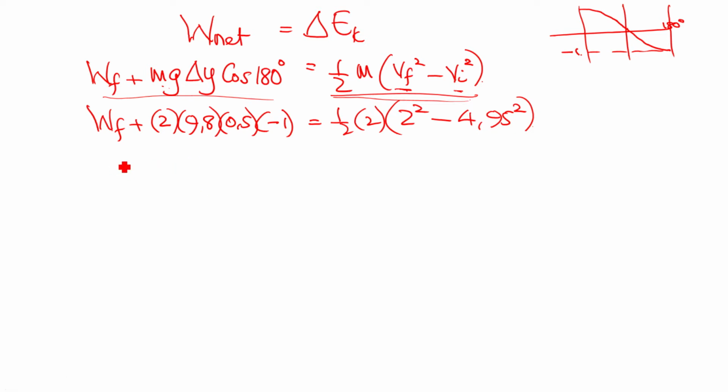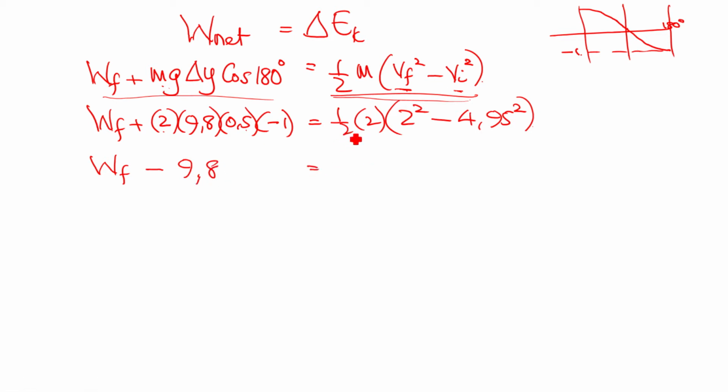Okay, so the work WF, let's have a look at this. 2 times 0.5 is 1, times -1, which is -1, times 9.8, which is -9.8.